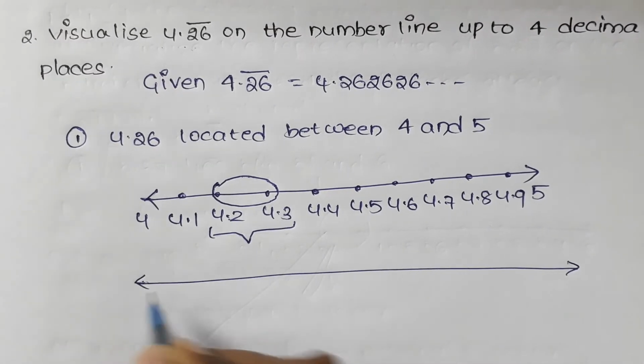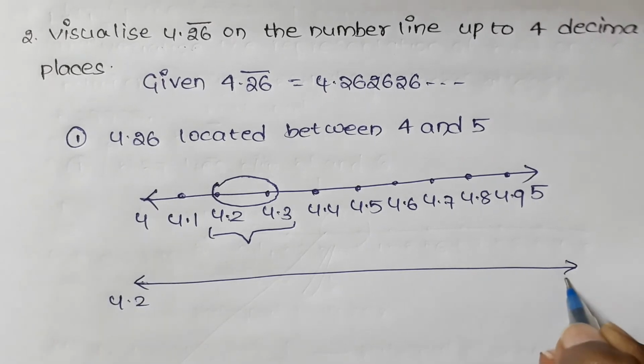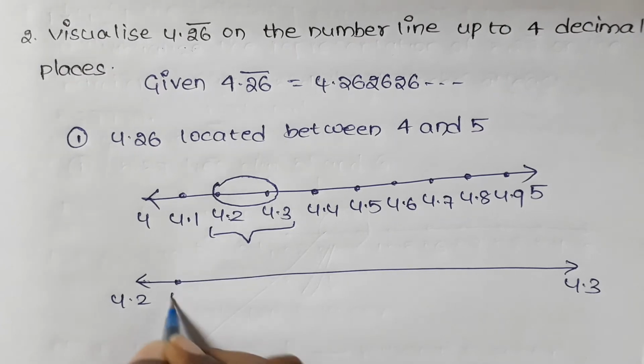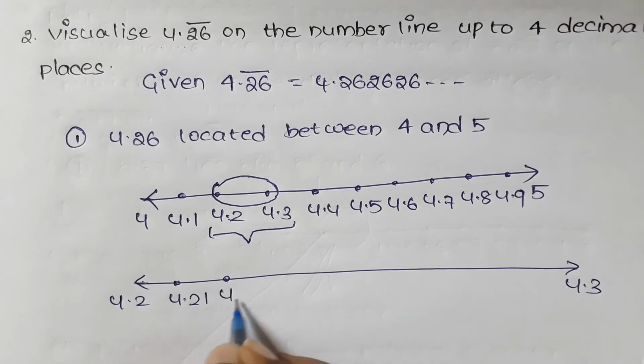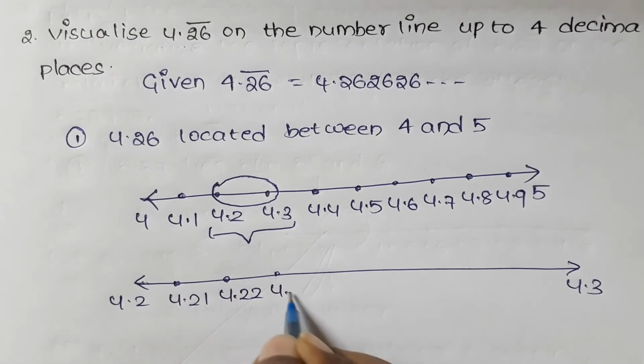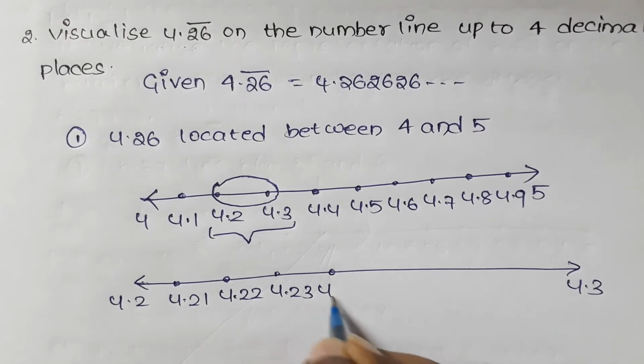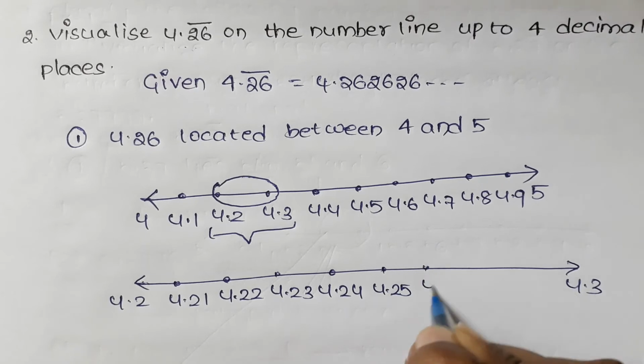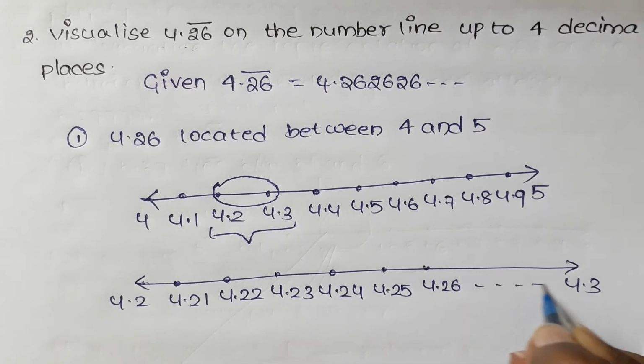That is 4.2 is here, 4.3, and now 4.21, 4.22, 4.23, 4.24, 4.25, 4.26 and so on.